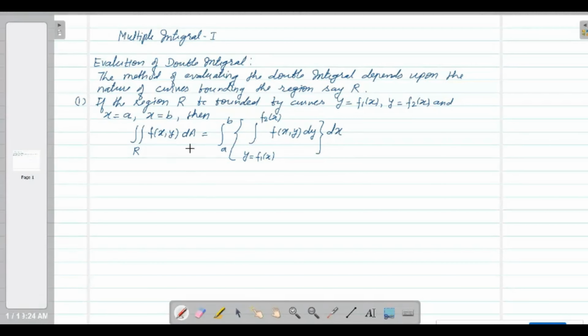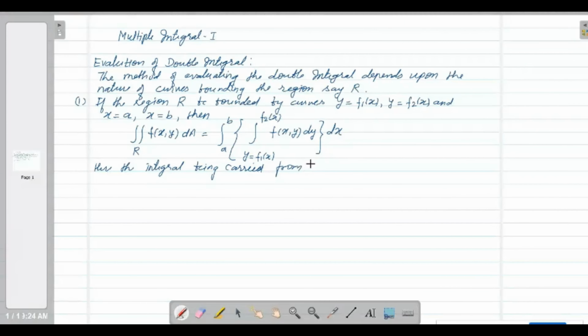The integral is carried from inner to outer.